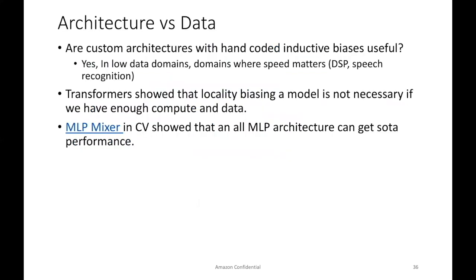I am not going to discuss this. The general trend in the industry is that if you have huge amounts of data, large enough data, then sometimes architecture is no longer important, but rather the data and the data quality become more important. Even a simpler architecture can outperform very complex architectures.